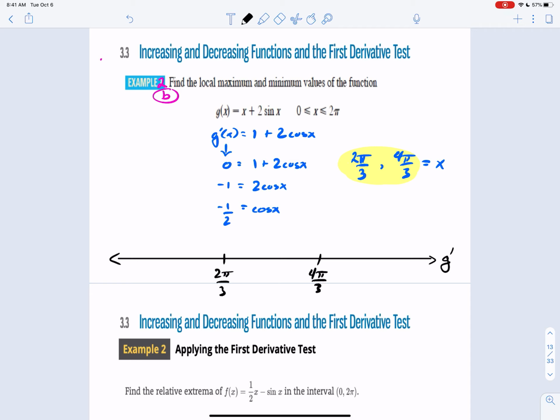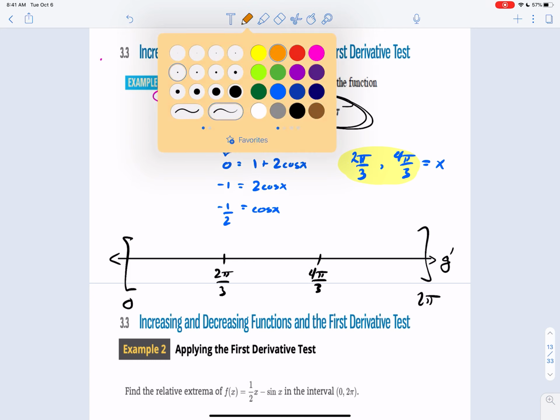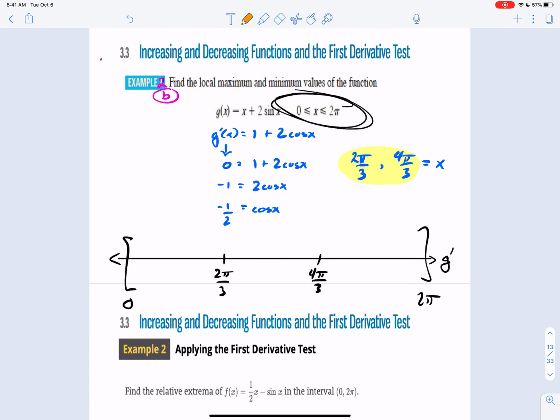Keep in mind that it's capped at 0 to 2 pi, so we don't technically go all the way to negative infinity and infinity here, because trig ratios repeat in values, so they want to make sure you don't keep repeating yourself. Test values, here we go.